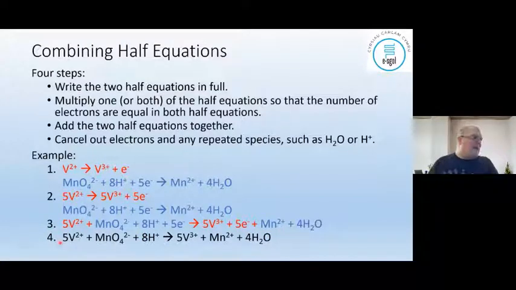And there are no repeated species to cancel out in this example. So basically everything stays as it was in step 3, apart from we've got rid of the electrons. Okay, so that's a relatively simple example there.